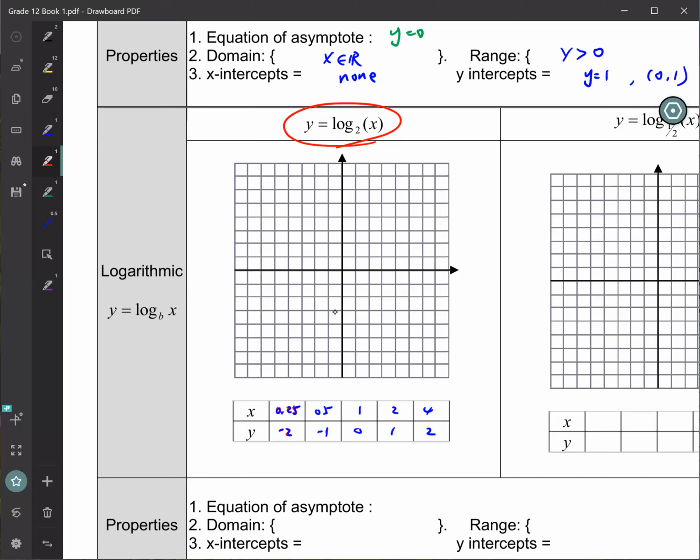X and y switch places. 0.25, -2 should be down here. 0.5, -1, 1, 0, 2, 1, 4, 2.